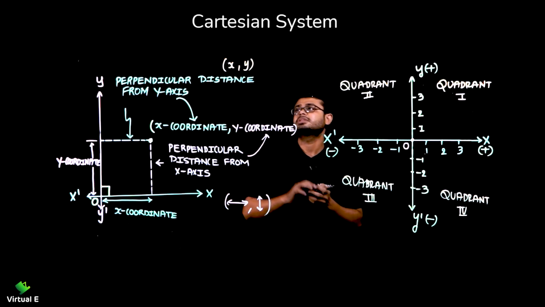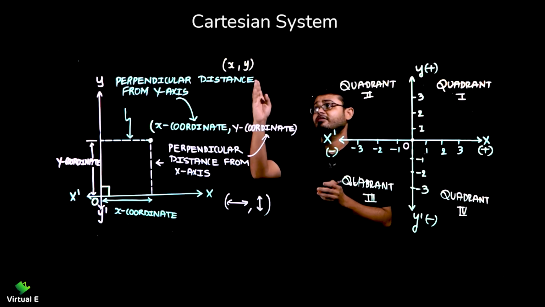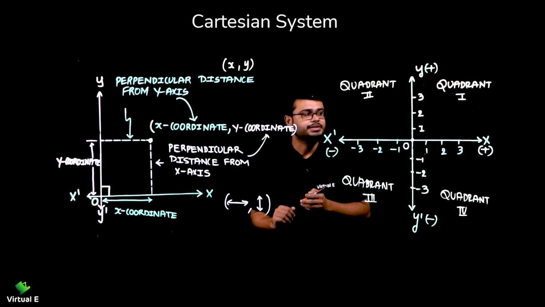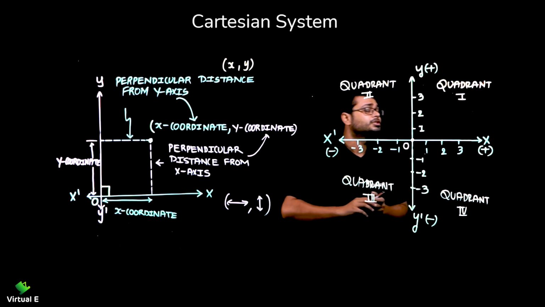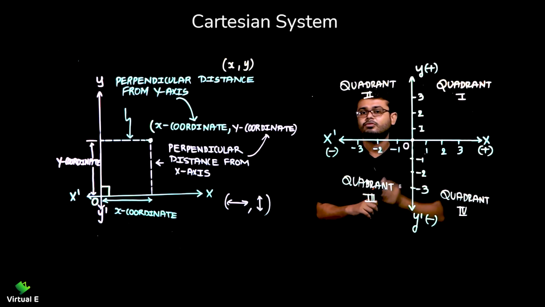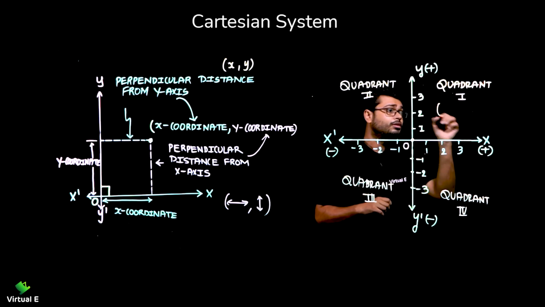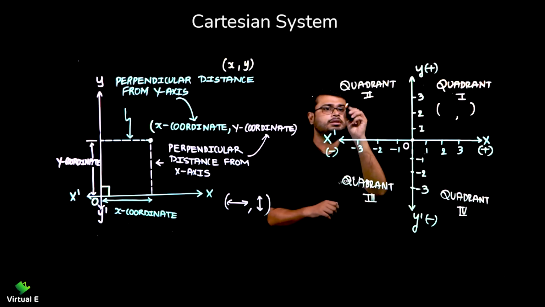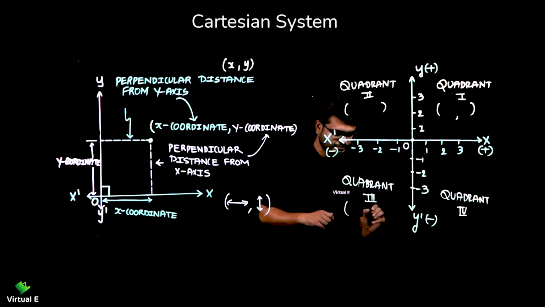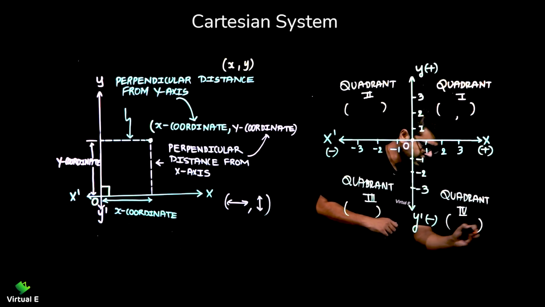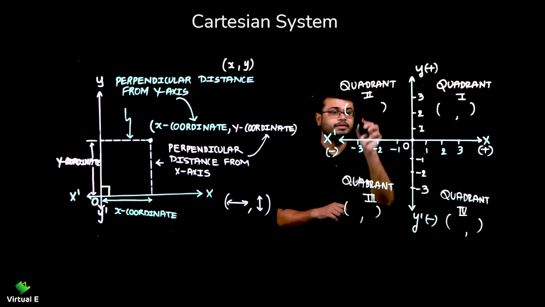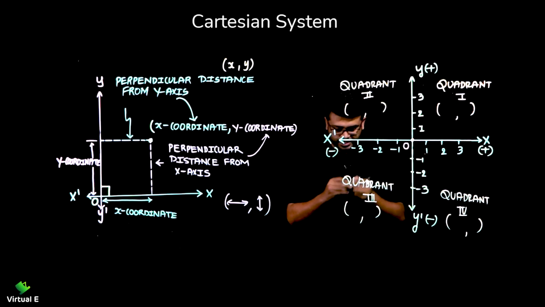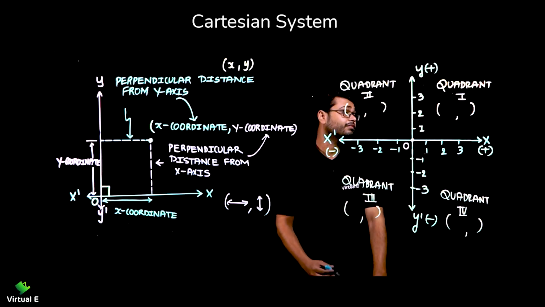Remember, x means the point on x-axis and y means point on the y-axis, right? So let's start first of all with quadrant 1. If I want the sign of the quadrant 1, how shall I get it? First of all, we are going to talk about x-axis, then we are going to talk about the y-axis. So let's start with that one.